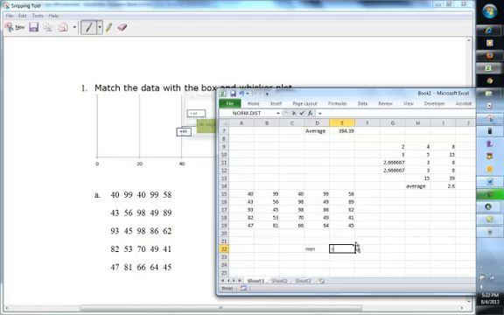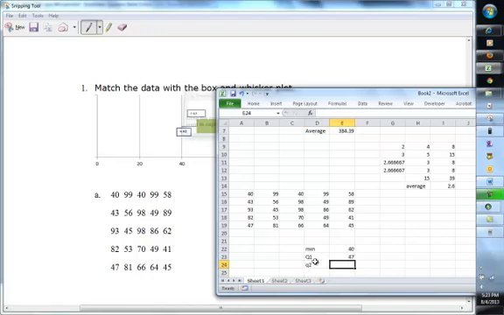So we write equals minimum of these numbers. And the smallest number is 40. Then we want Q1. So equals quartile and we want the quartiles of this, and the quartile that we want is the first quartile, which is 47.